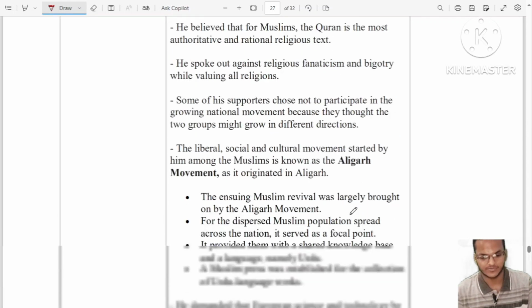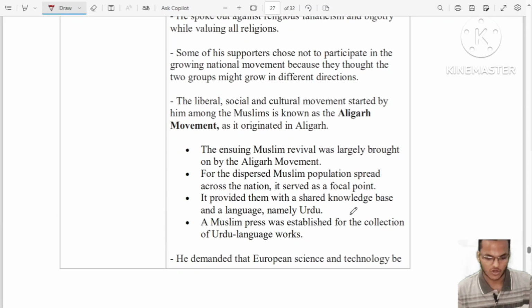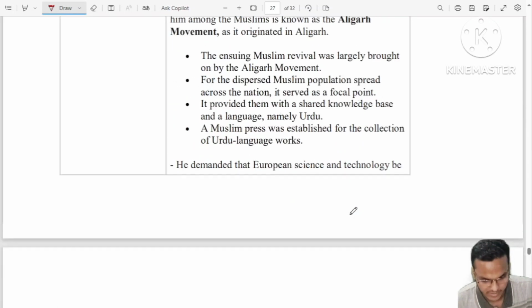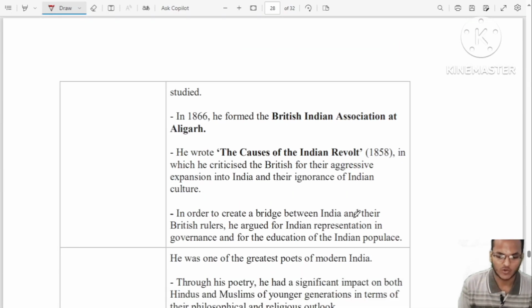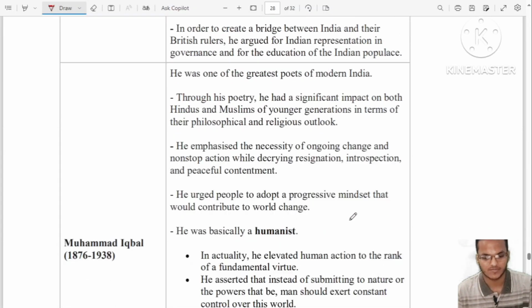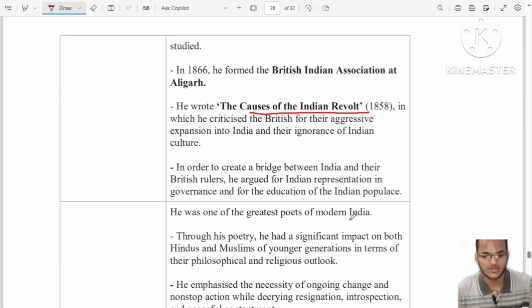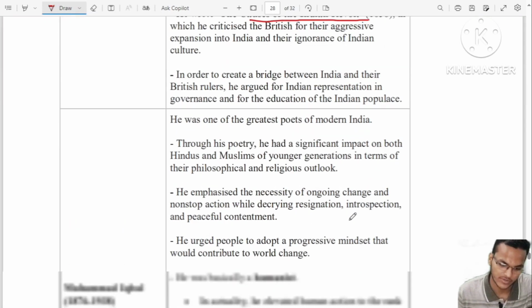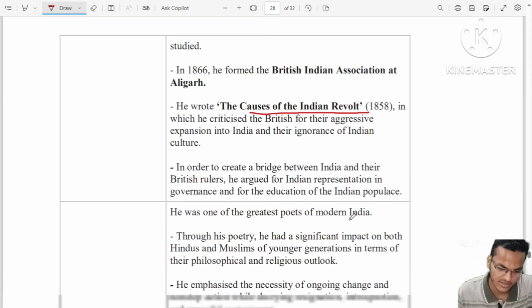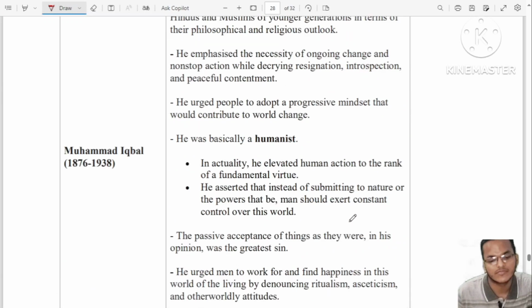He started the Anglo-Oriental College at Aligarh. It is called the Aligarh Movement. He wrote The Causes of the Indian Revolt of 1857, in which he criticized the British. So those were all the important things.